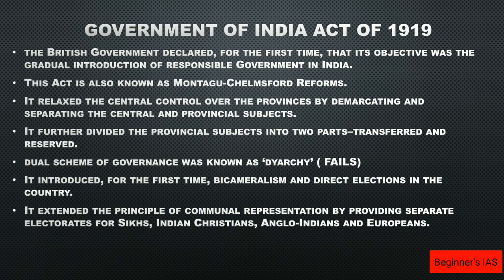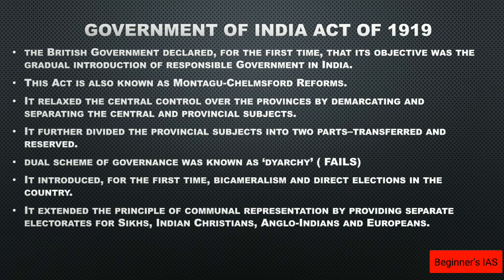This act is famously called the Montagu-Chelmsford reforms, whereas the first name always describes the Secretary of State. Montagu was the Secretary of State for India. Lord Chelmsford was the Viceroy of India.